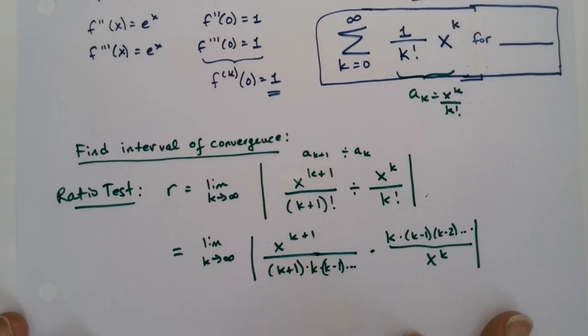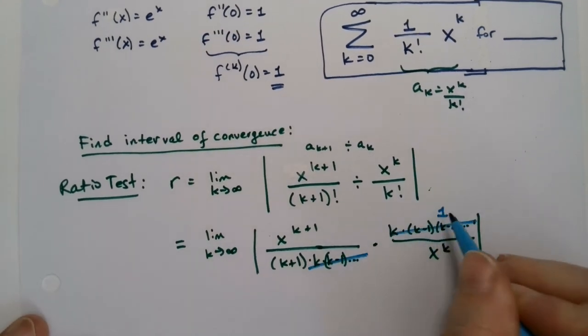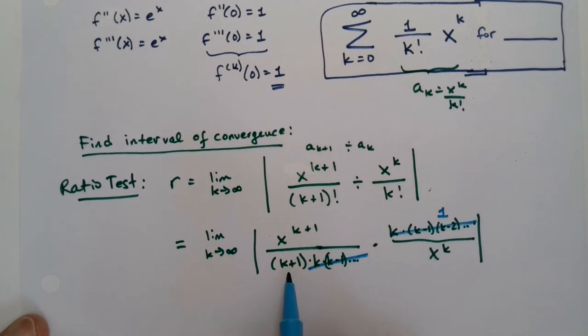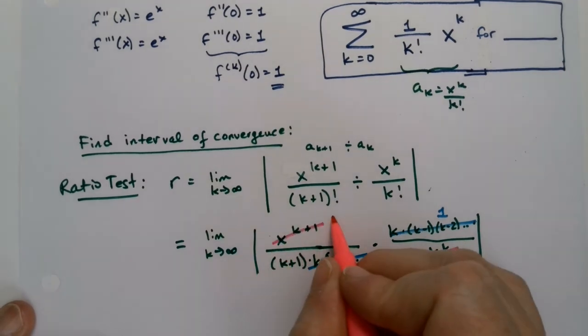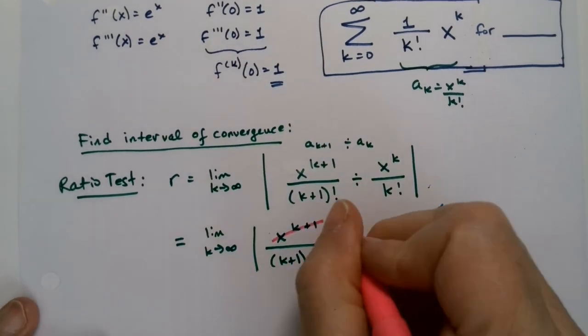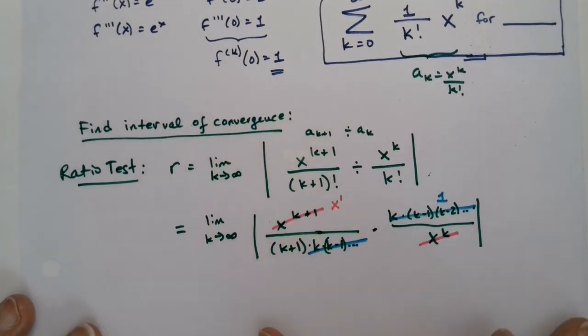Well, I wrote it out like that just to remind everybody that all of these are going to go. Leaves you 1 left over here and a k plus 1 down there. And then the x to the k and the x to the k plus 1 is going to leave you just x, x to the 1, if you want to think of it that way, because k plus 1 take away k is 1.